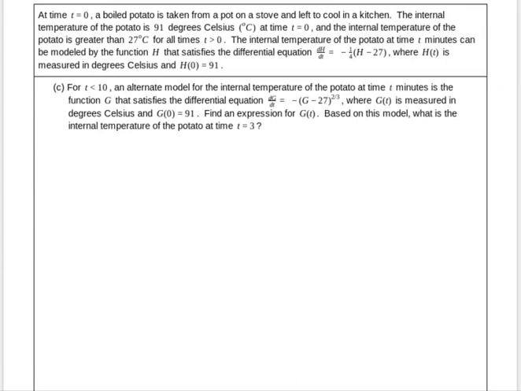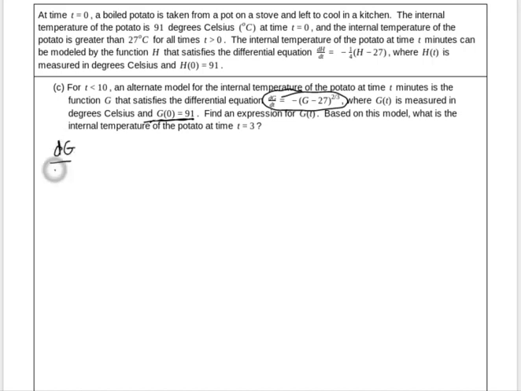All right, part C here, we're given this other differential equation and we're asked to find the particular solution with this given condition. And then we're asked to find the internal temperature of the potato at t equals 3 given this new function. So we're going to go ahead and solve that differential. The first thing we have to do then is separate the variables.